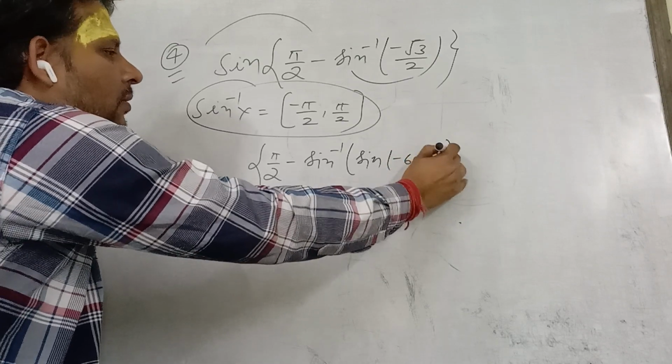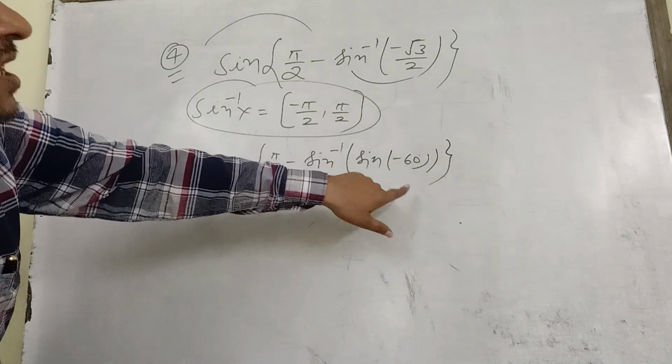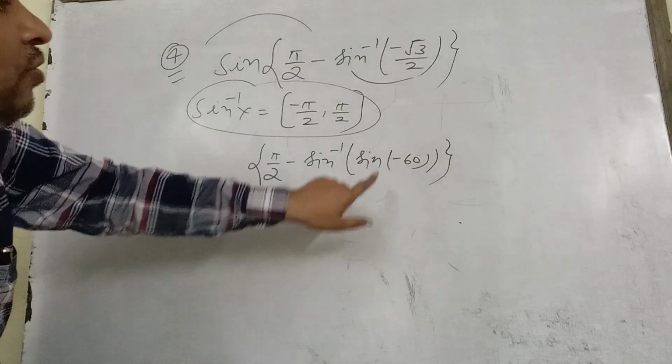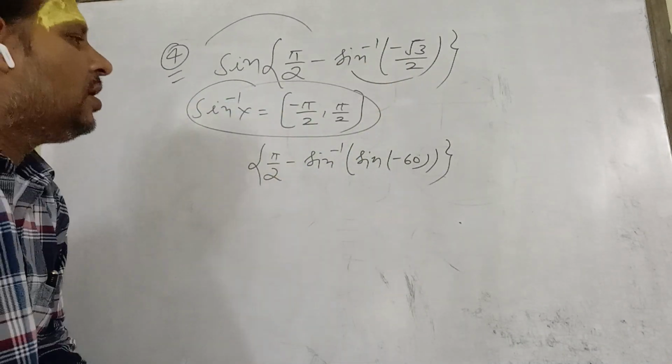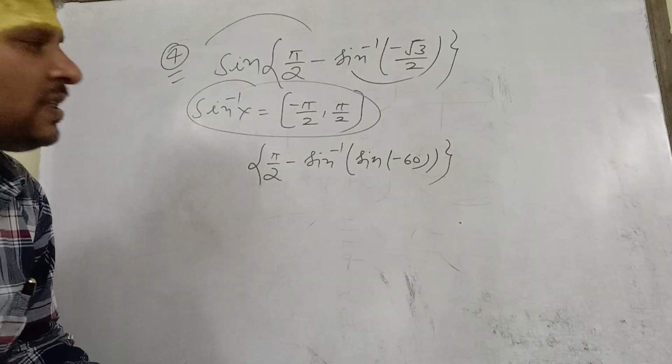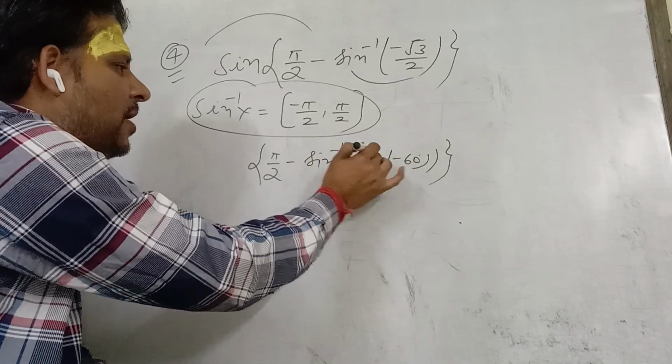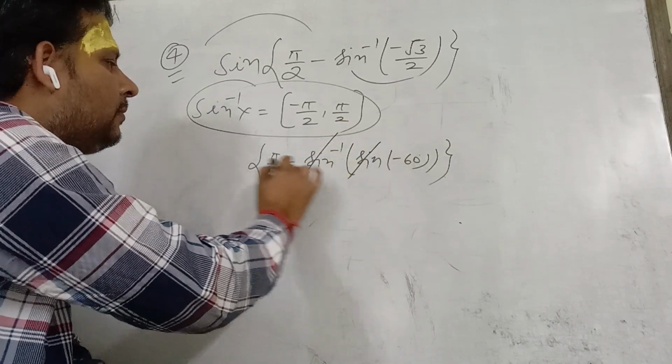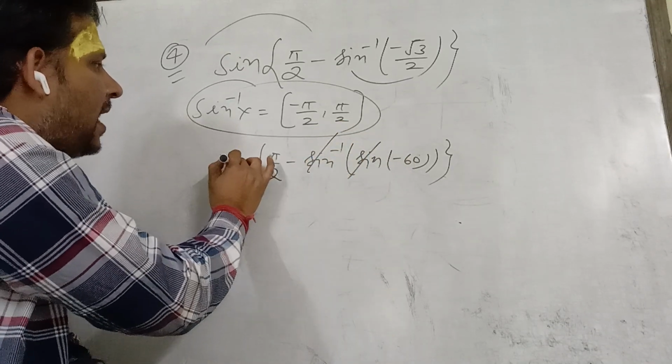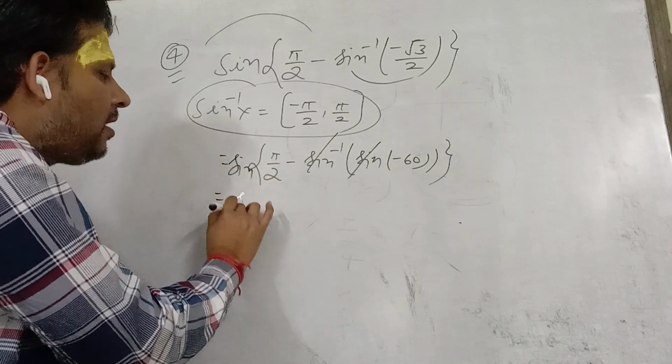Understand? Because sin minus theta is minus sin theta and the value of sin 60 is root 3 by 2. So this and this cancel, but you don't need to cancel, and the sin is outside.